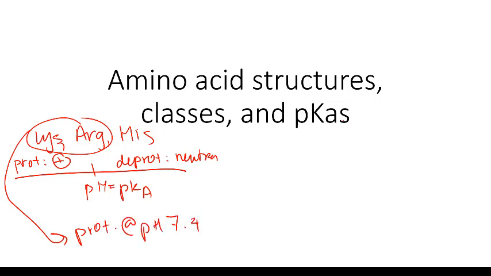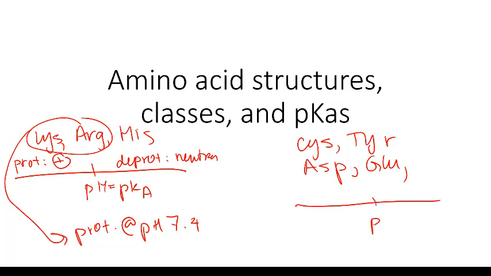For our other amino acids, cysteine, tyrosine, aspartate or aspartic acid, and glutamate or glutamic acid, when we're below the pKa and majority protonated, we're carrying a neutral charge, or 0, and when we're above the pKa, we're carrying a negative charge for the deprotonated form.